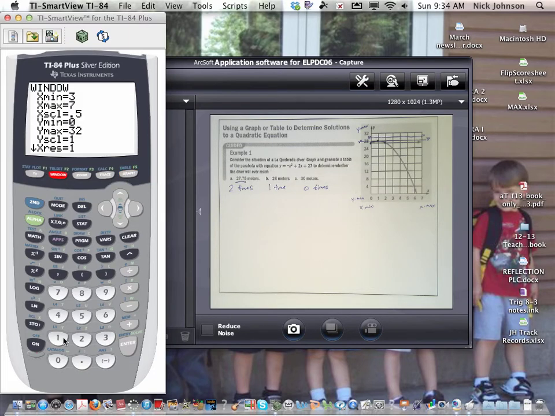Oops, I changed the wrong one. 0. And maybe bring this up to 16. Maybe make this 0.5. So you can look at it a little bit better. I'm going to have to dive into it a little more, get closer and closer.